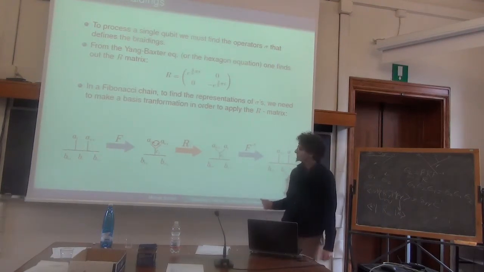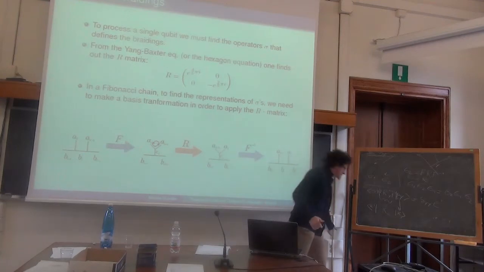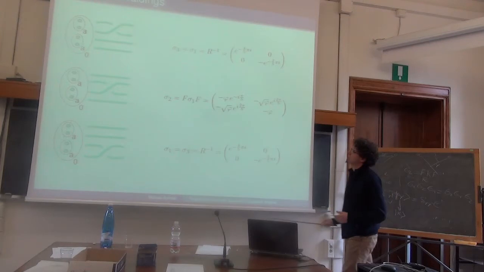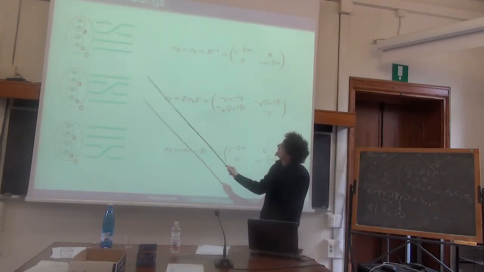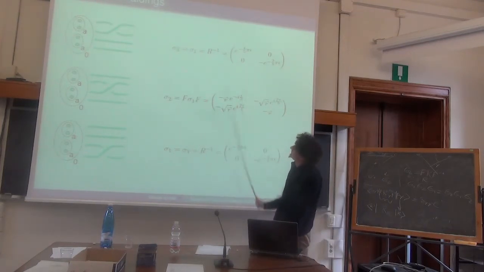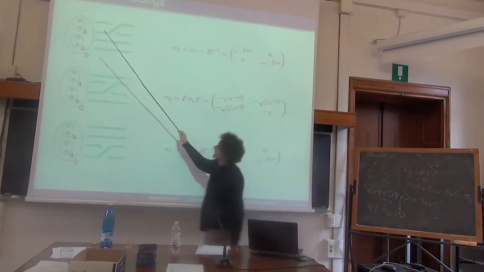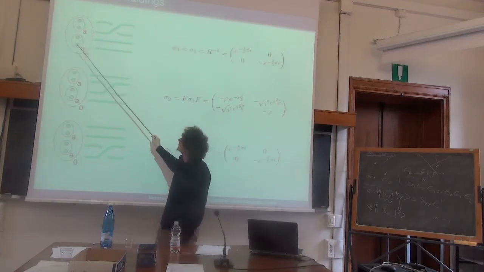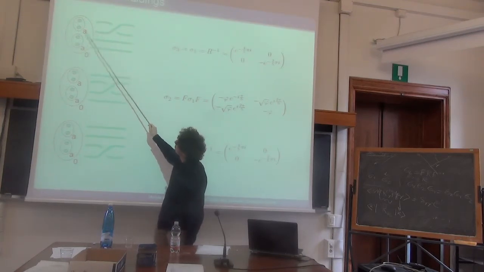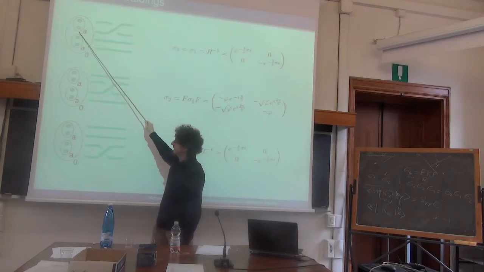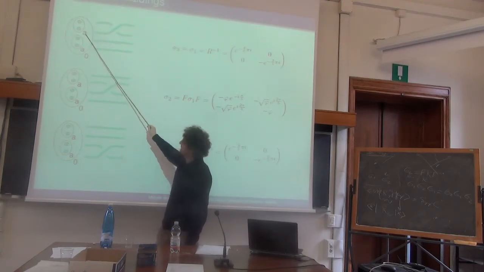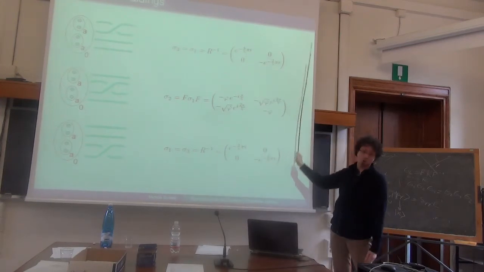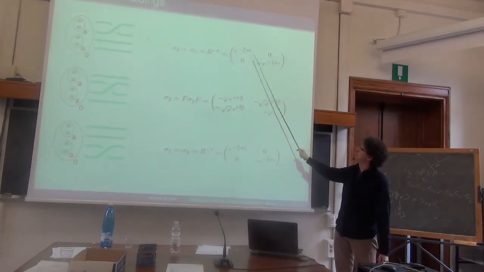And so, in the basis that we chose before for Fibonacci, this is clearly written in terms of these matrices. Essentially, consider the basis that we analyzed before, so A and A is equal, and the exchange of the first two anyons is diagonal, because my basis is diagonal in this value of A, and in the states 0 and 1 that I wrote before, it reads in this way.